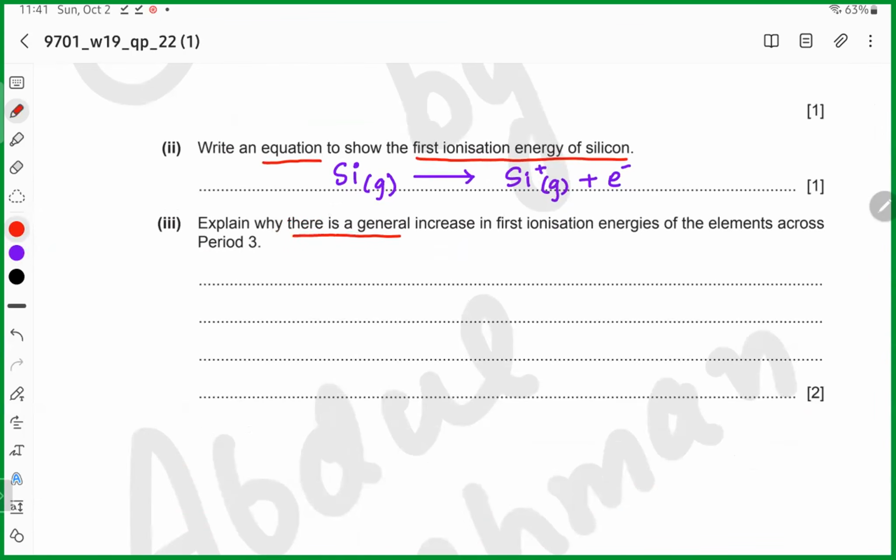Explain why there is a general increase in first ionization energies of the elements across period 3. They have stated the trend, and they ask you the reason.